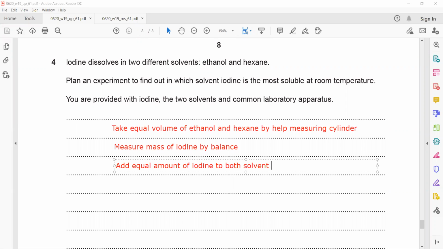With the help of a spatula you can take it, then stir, then filter to remove undissolved iodine, then dry and measure the mass of iodine again.